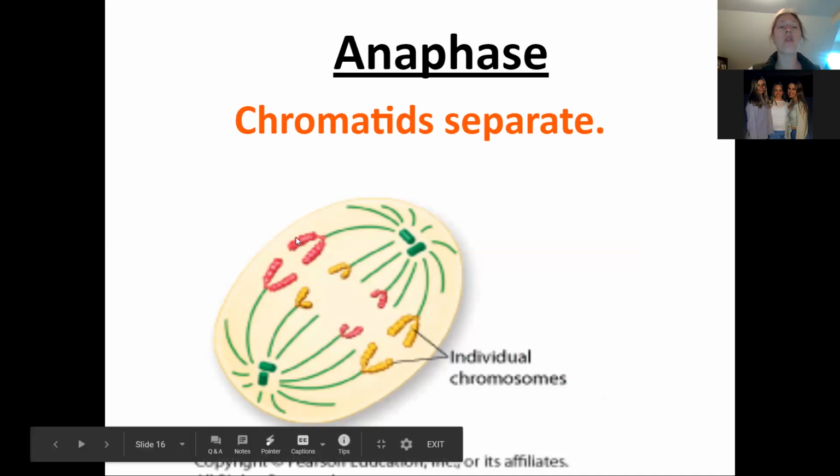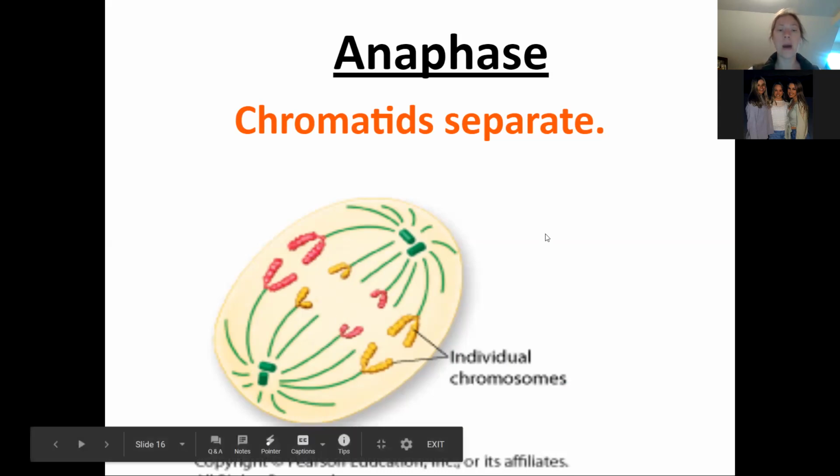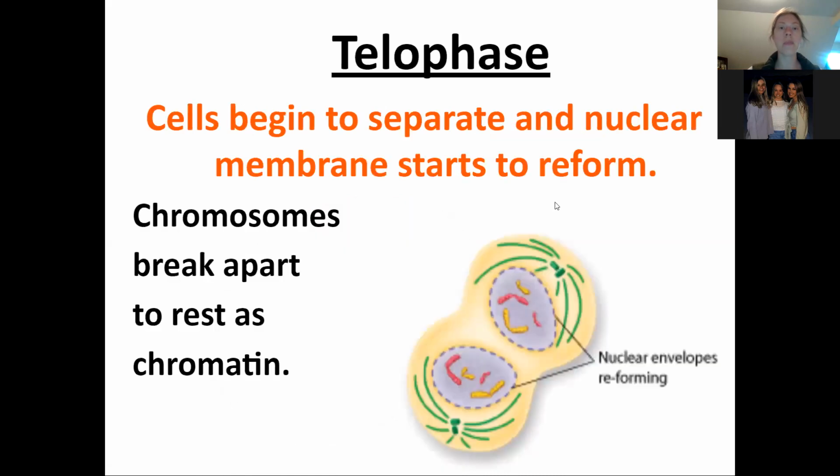But again, this is a chromatid, or we can call it an individual chromosome. It's fine too, because it's been separated. So you can kind of see it's like a fishing pole. That spindle fiber is kind of hooked onto the chromosome, and it's now reeling it into either side of the cell. And that happens during anaphase.